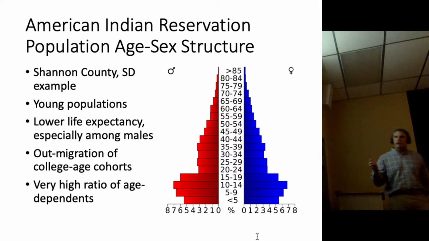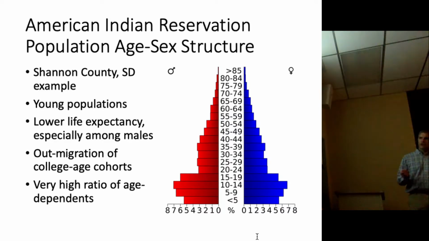What happens in Shannon County, South Dakota, when you hit about age 18, 19? You leave. You leave as fast as you can, right? So very strong out-migration of college-age cohorts. Not everybody stays away, but for sure you've got a major out-migration.